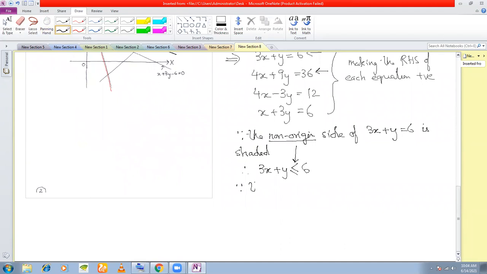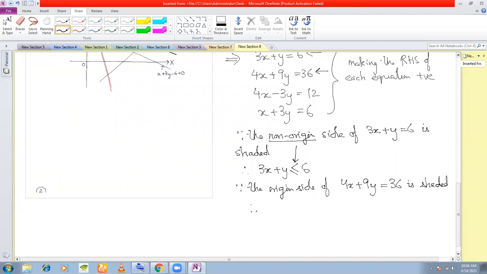Since the origin side of 4x plus 9y is equal to 36 is shaded, therefore what should be the sign of the inequality?